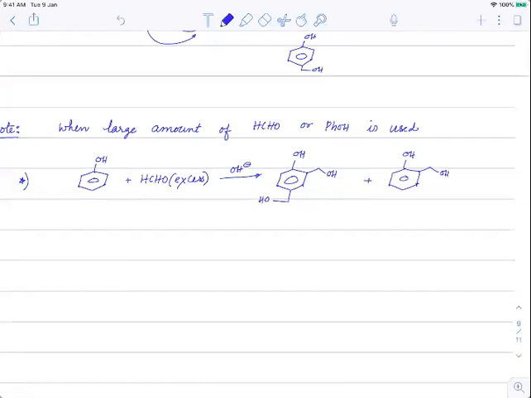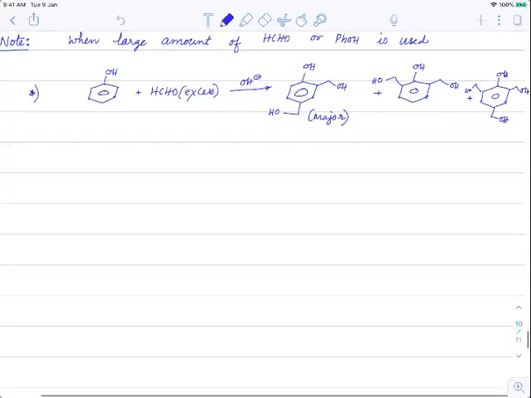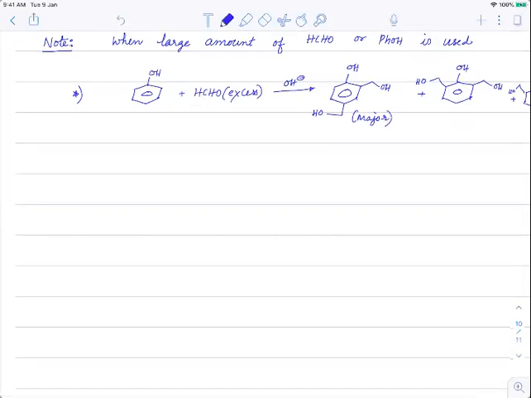One OH here, one OH here, या तीनों पे लग जाए और हमको मिले OH, OH and OH. These three products can be formed. Okay. Major is usually found to be this. Again, experimentally observed. Right. So all you need to remember is that इसमें major क्या आएगा बस.